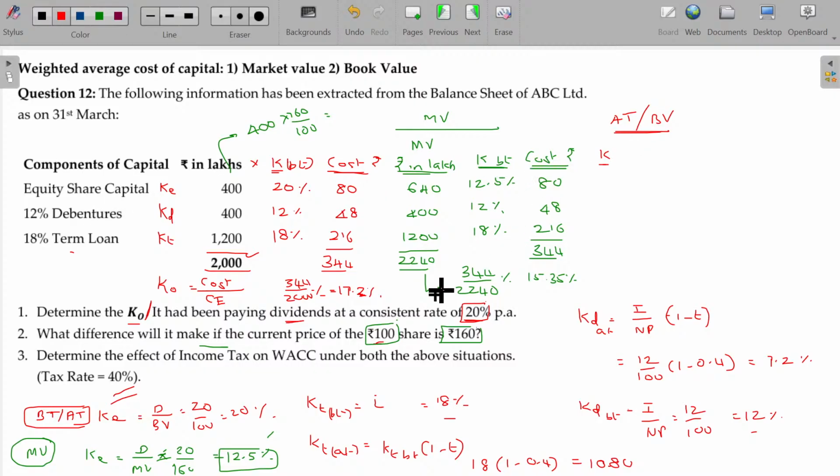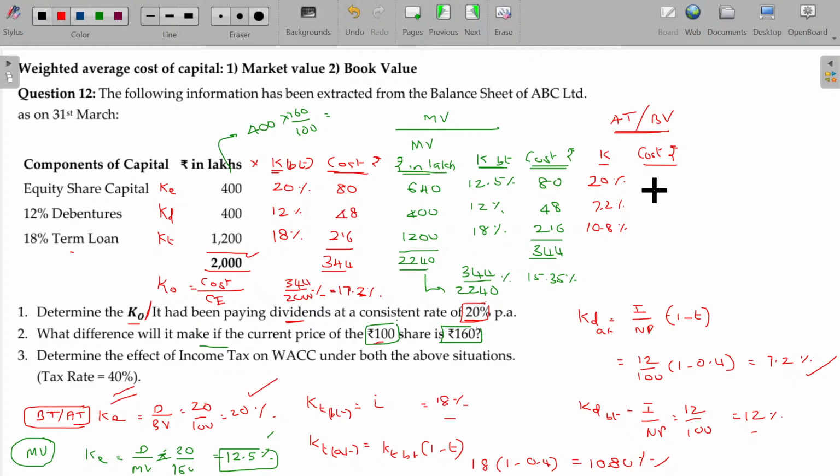KE as per the book value, before tax and after tax both will be the same, so 20 percentage, and KD after tax being 7.2 percentage, and KT after tax being 10.8 percentage. Now, what about the ultimate cost payable in terms of rupees?